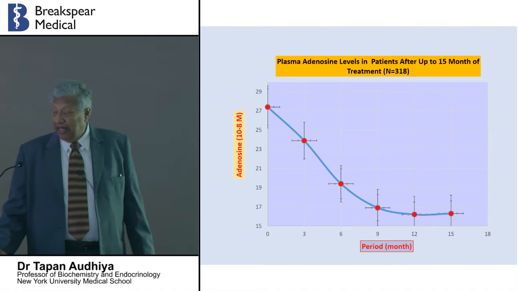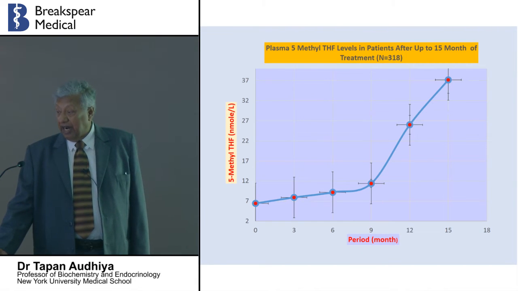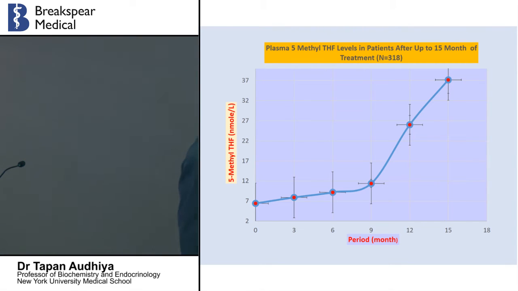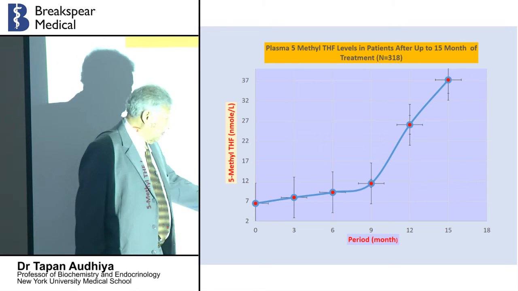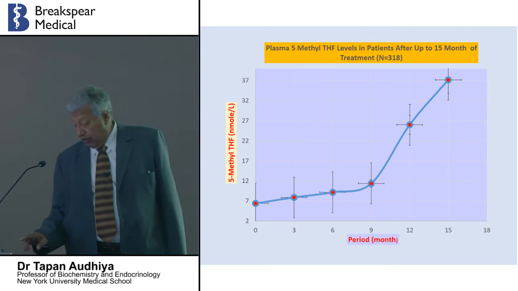So adenosine level similarly can go down, and the 5-methyltetrahydrofolate starts very slowly in CFS, and then certainly starts to pick up. Almost after 9 months of treatment, you get very little production, but then it goes up.